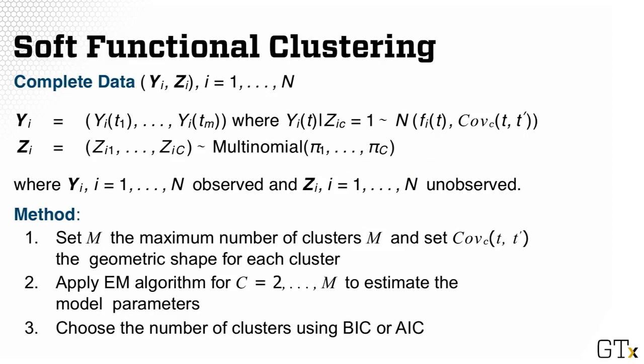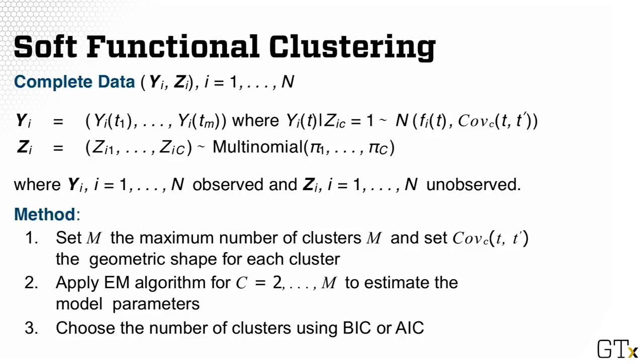This last slide provides a general framework for soft functional clustering. Here we assume that the clustering is a random variable defined here as z, which is not observed, or is hidden. A similar concept of a hidden variable came up in the description of the state space models.